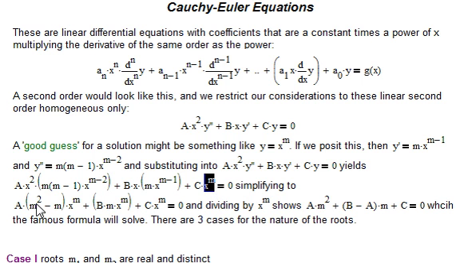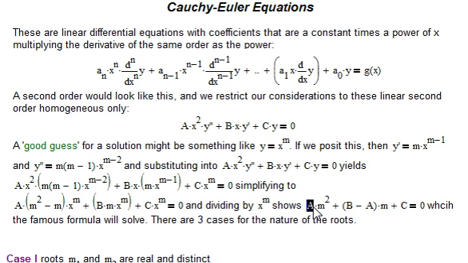But what we have remaining is a times m squared minus m plus b times m plus c. Well, that means we have a quadratic equation, but the coefficients aren't the a, b, and c like we expect from the original.